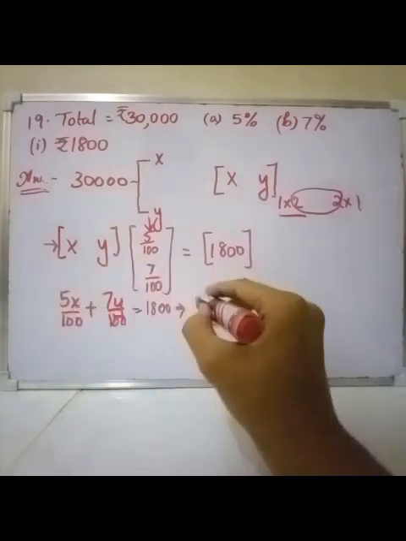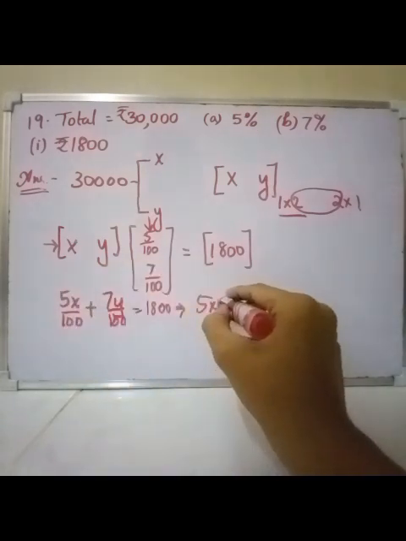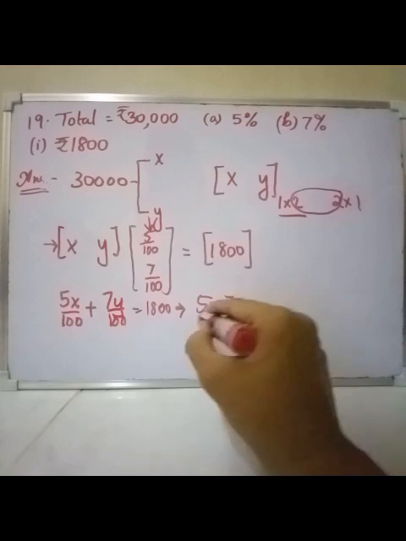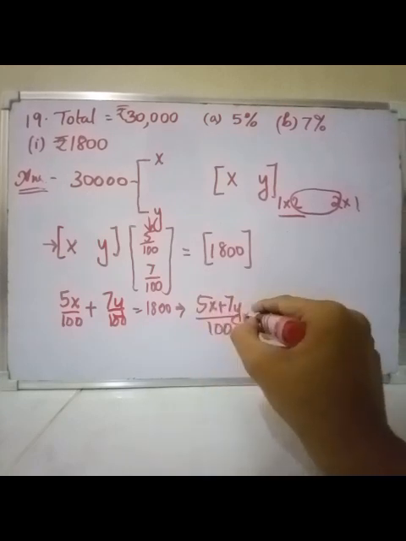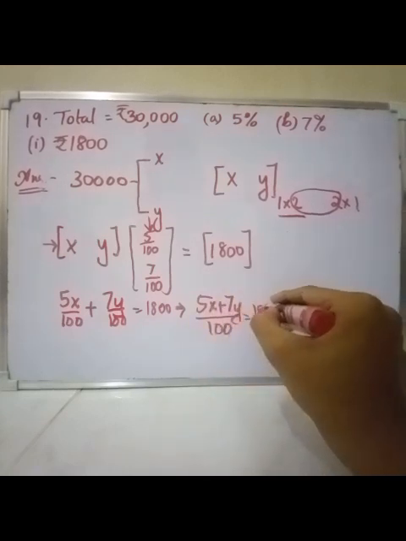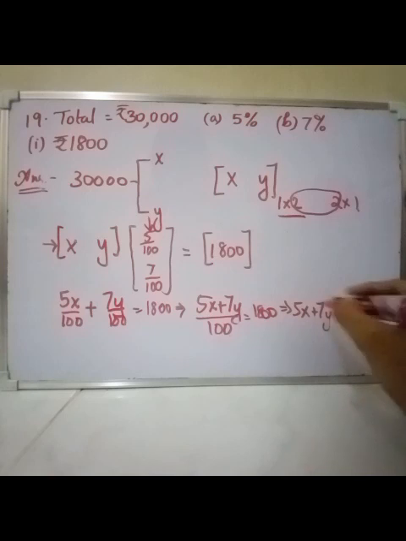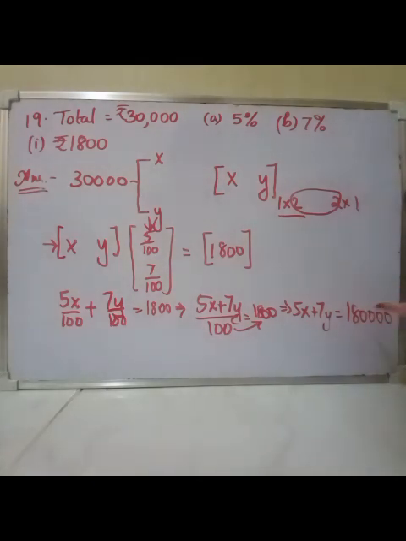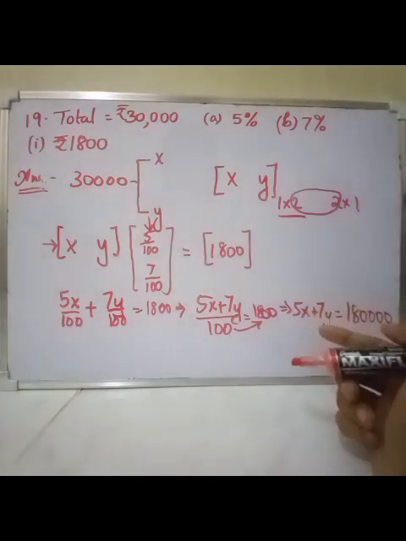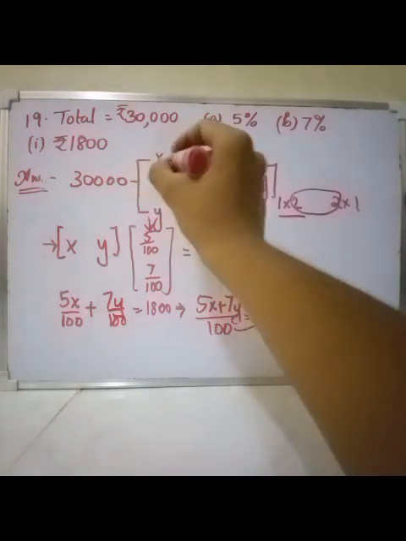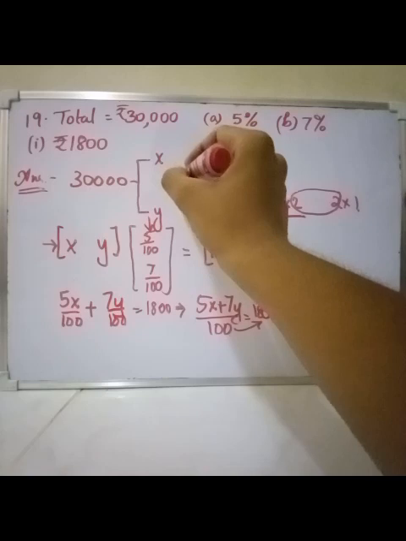Then 5x plus 7y by 100 is equal to 1,800, and finally 5x plus 7y is equal to, this 100 goes to the other side, 180,000 or 1.8 lakhs.